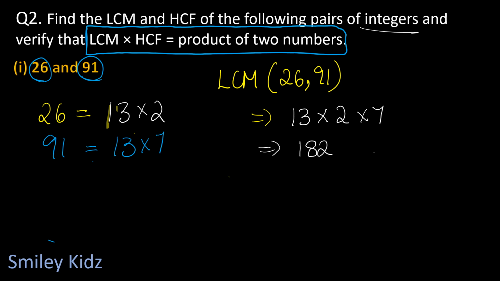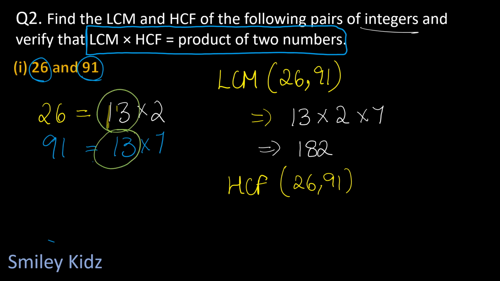Then we have HCF of 26 and 91. What is HCF? Come on. HCF is a product of the lowest powers of the common factors, in fact. Now we observe that the common factor in both the cases is 13.